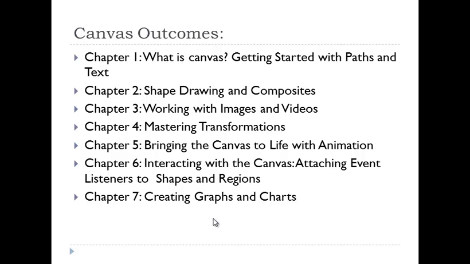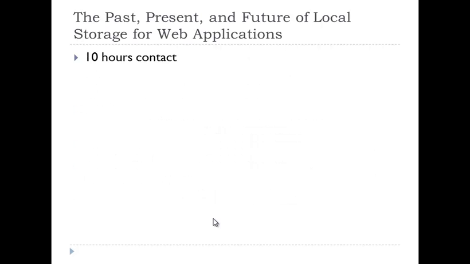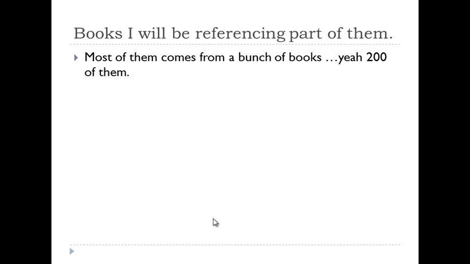And chapter 5, bringing canvas to life with animation, interacting with the canvas, event listeners to shapes and regions, creating graphs and charts. And we're going to take a look at local storage for web applications. That is, you don't really need a database to store most of the information. You can store it locally using the HTML5 API.